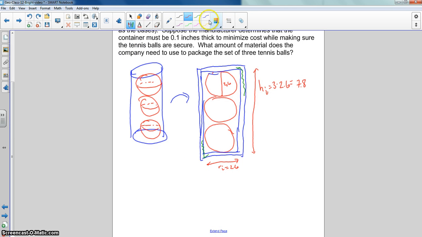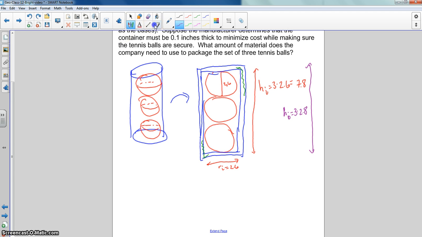But now remember I also have an outer component to all of these as well. If I look at the outer measurements, which are going to be slightly longer, this incorporates the thickness of the can. So the height of the outside is going to be 3 times 2.8.